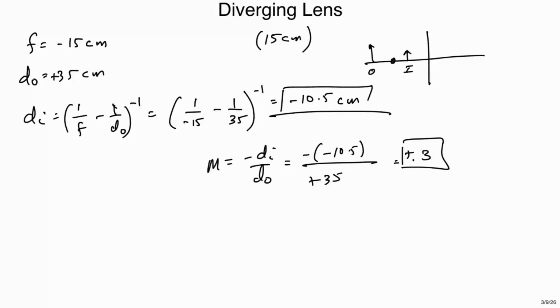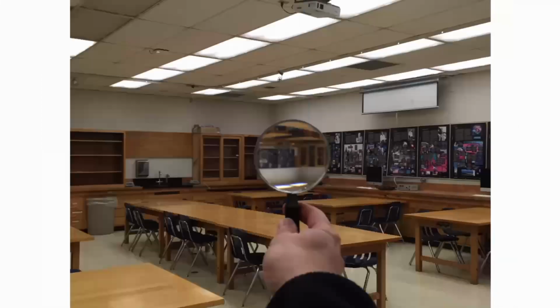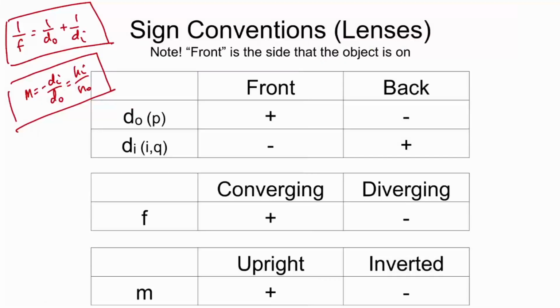Okay, so in review, what do you have to be careful of? Signs, right? Those sign conventions, they matter. There's a process that I've been trying to teach you where the equations, the sign conventions, right?